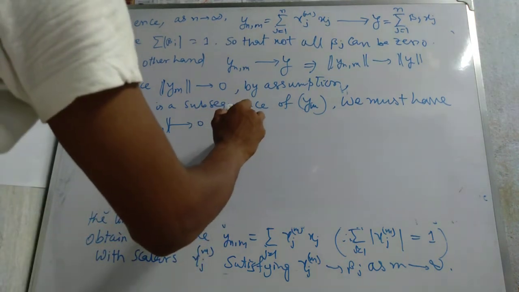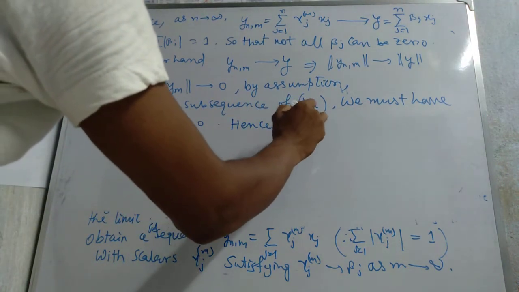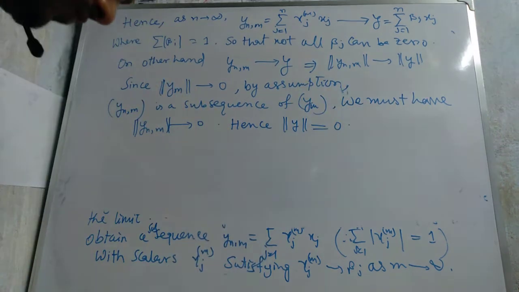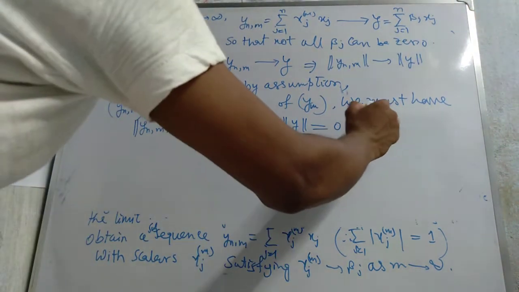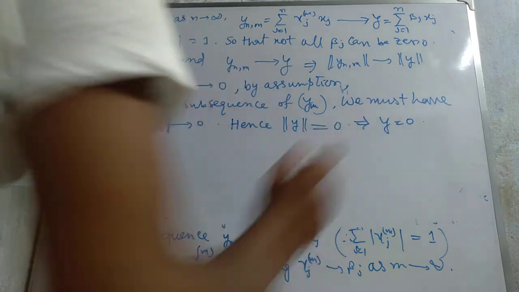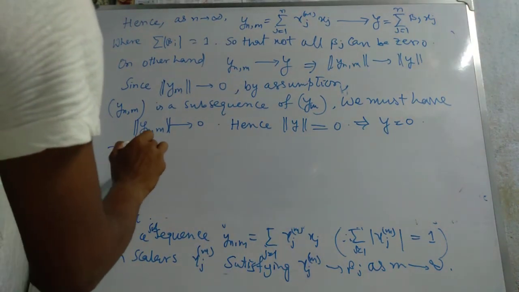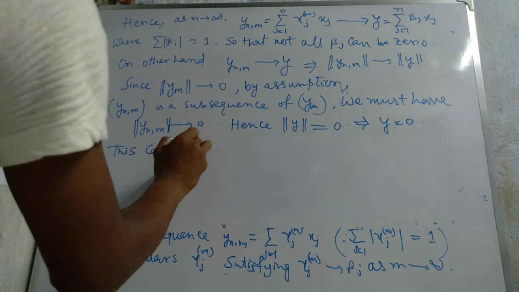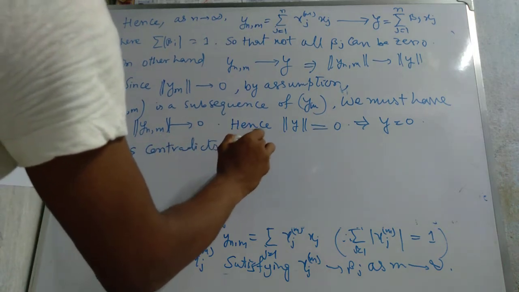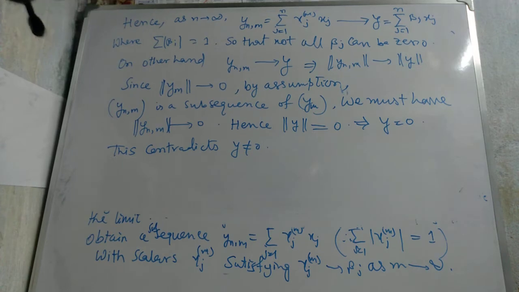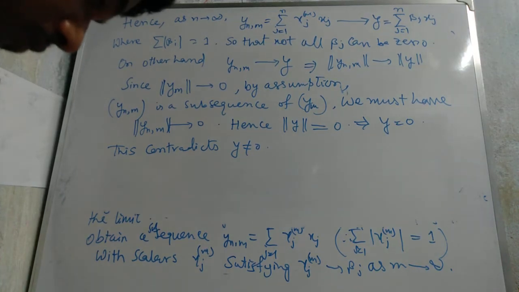Hence the norm of y equals 0, so this implies that y equals 0. This contradicts y not equal to 0. So the lemma is proved.